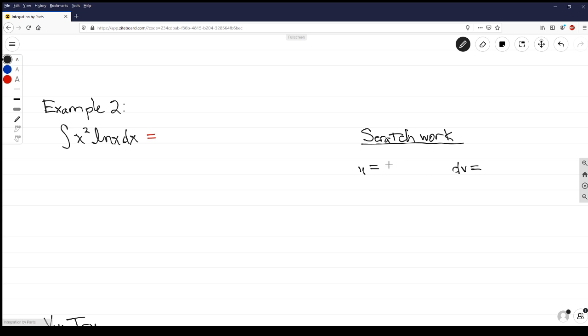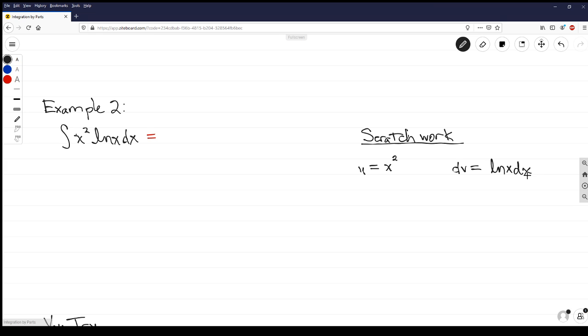So, I mean, one way to look at it here is to say this is x squared. And then this part here is the natural log of x dx. But let's look at this, though. I'll leave the u for a minute, but if I put a dv in here, I'm going to have to integrate this. Now, have we ever integrated the natural log of x dx?